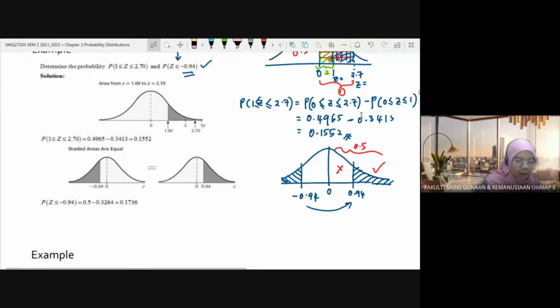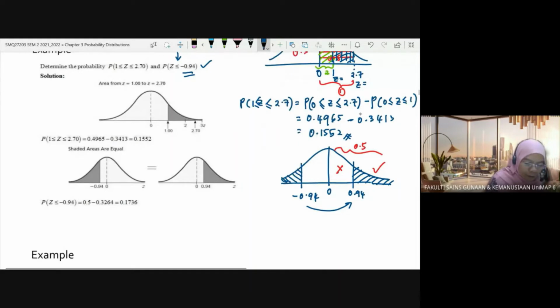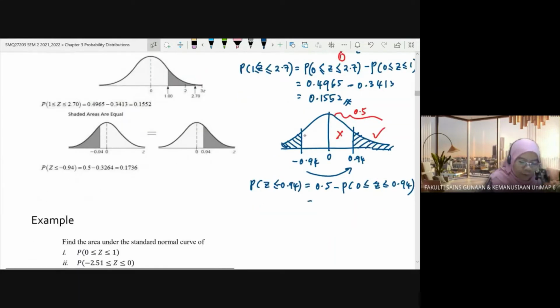So how are we going to write that in terms of the solution? P(Z less than or equal to negative 0.94) is equal to 0.5, the half of the area, minus P(0 until Z = 0.94). So we have 0.5 minus the area from 0 until 0.94.